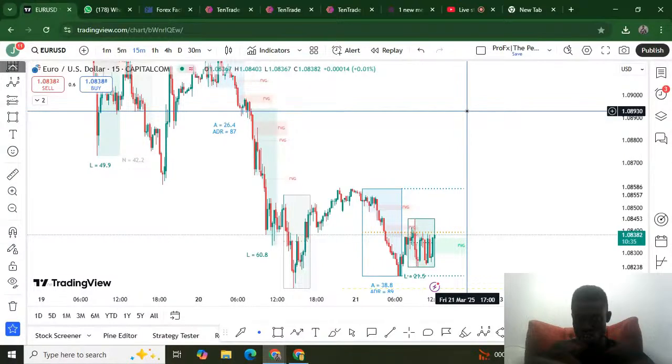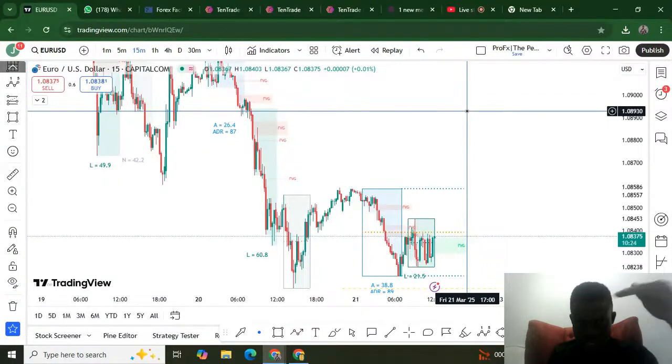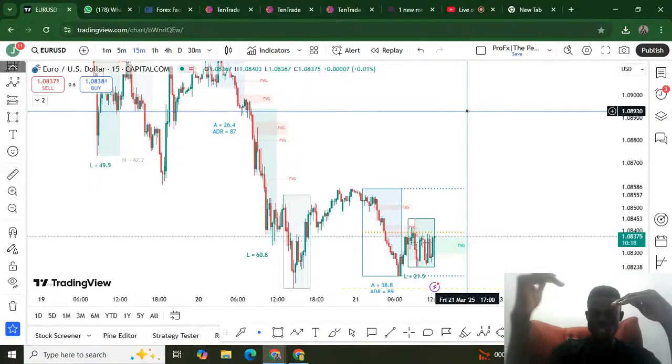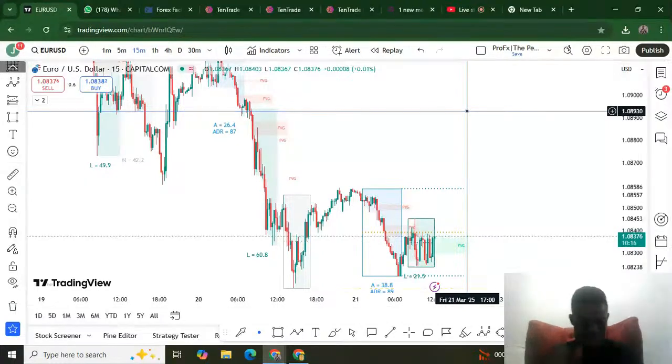It's not a strategy. It's simply how the market moves every single day. It's a daily bias: when price closes, buyers will either bid price higher or sellers will take price lower. That's the first ideology you need to understand.